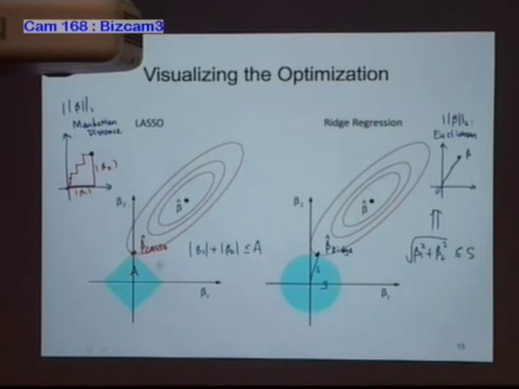So this is the contour. This is the lowest contour you would touch, right? Any other point you would touch a higher level contour. Right? So you want to go as deep as possible to minimize your RSS. Right? But you have to stay inside this diamond.